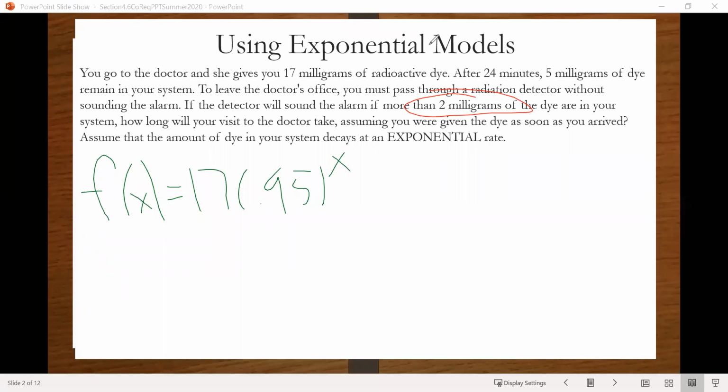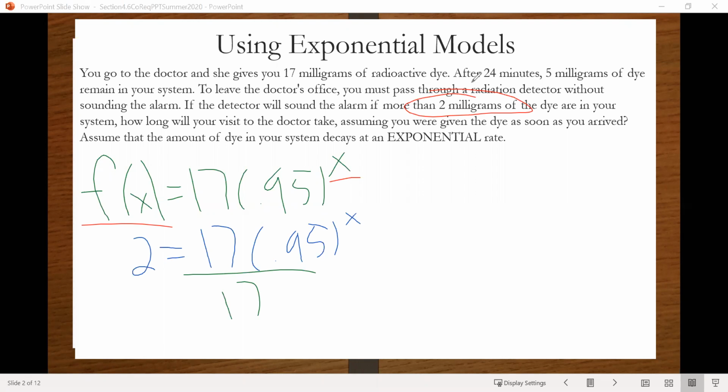Notice in the way we set up our points before, we had time as our input, so that'd be our values for x, and the amount of milligrams as our output, so f of x. Since we want to solve for time, we need to solve for x, so we'll set the milligrams as the f of x. So we have 2 equals 17 times 0.95 to the x.